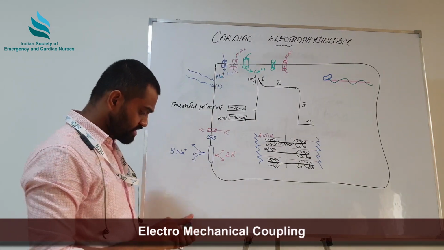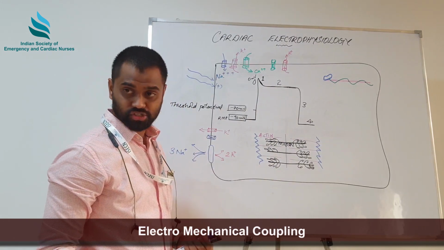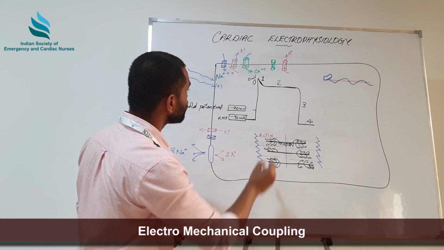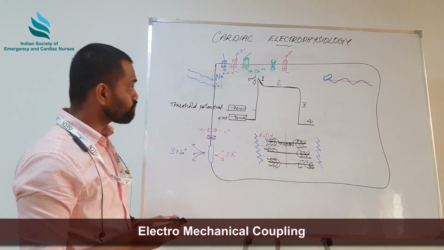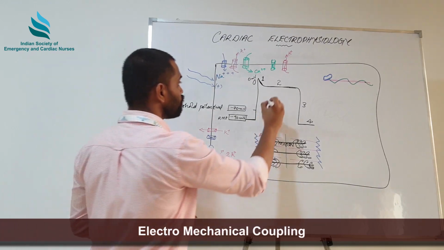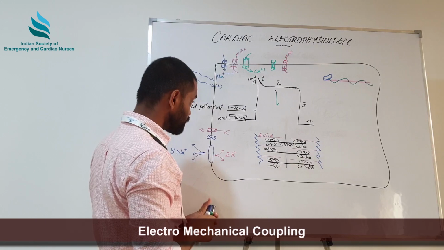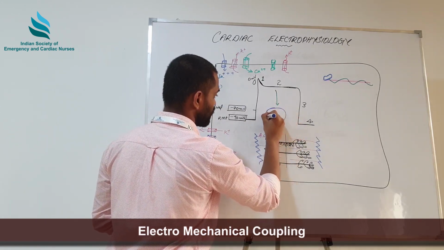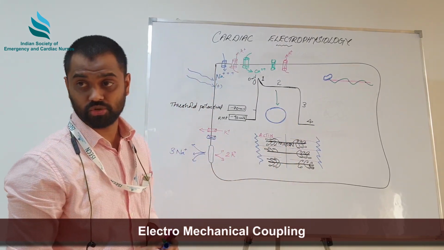Now what happens is that here in the plateau phase of depolarization, calcium is being loaded into the cell. Now this calcium moves and it reaches a special organelle inside the muscle cell. We call it the sarcoplasmic reticulum.